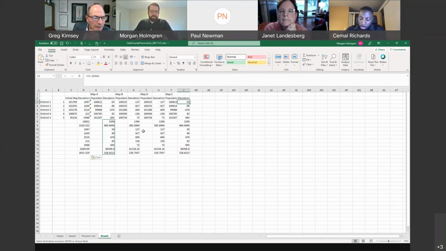What, map A, is that the original approved map? Map A is what we're calling alternative plan A. And what's map B? Map B is our alternative B. D is a copy of B that I was going to use to make any tweaks so that I didn't lose the original data from map B. And then E is the same for A. You don't have map C on there then, or the original plan.